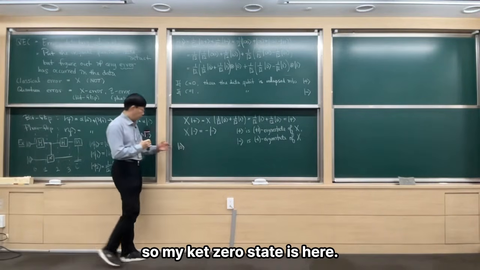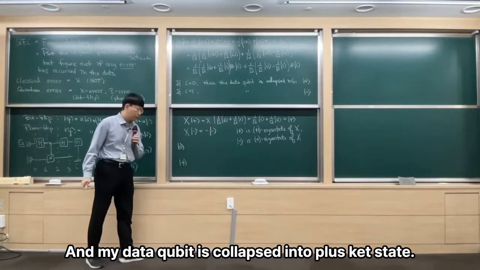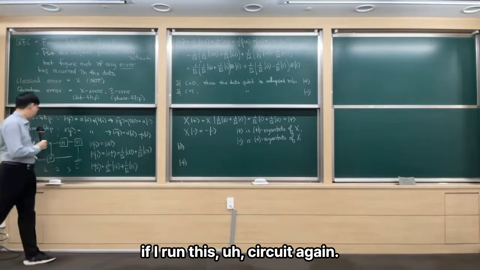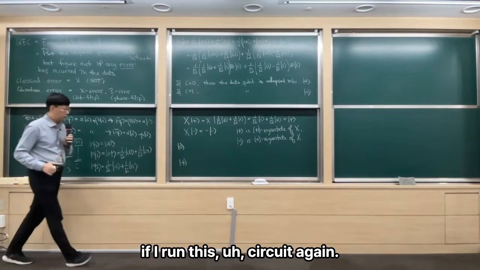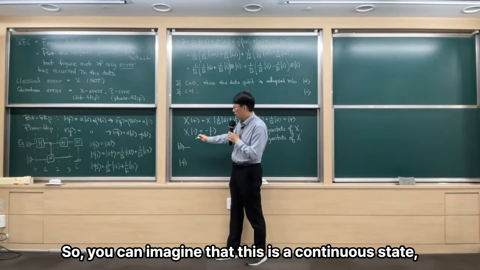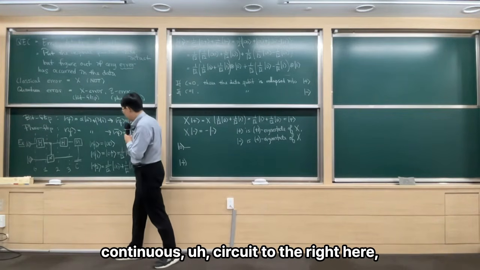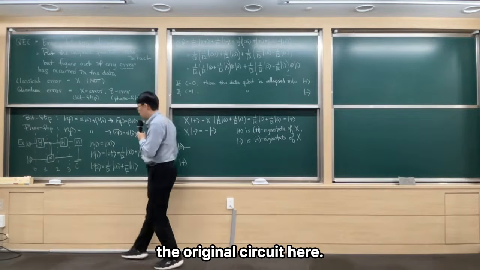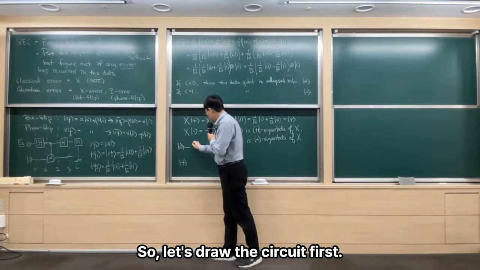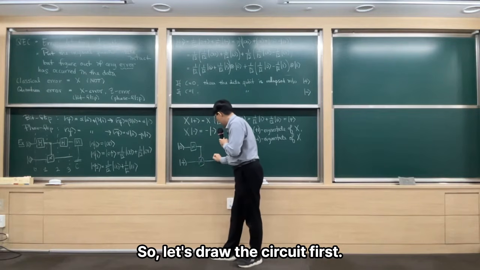So my ket 0 state is here, and my data qubit is collapsed into plus ket state. Let's see what happens if I run this circuit again. You can imagine that this is a continuous circuit to the right of the original circuit. So let's draw the circuit first.